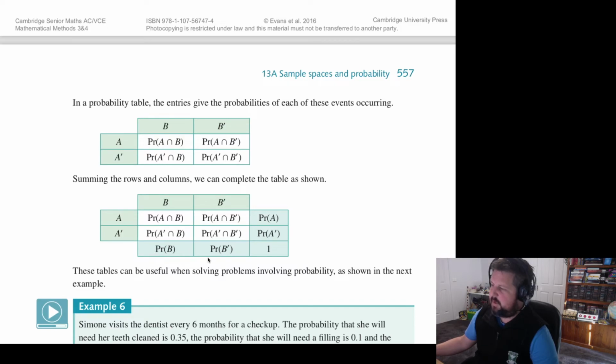Likewise, probability of B and not B is 1 as well. So these add together. And again, this can be useful knowing that the sum of these columns add up to each of these, and the sum of the rows add up to these. You can use it to solve some questions where pieces of information are missing.